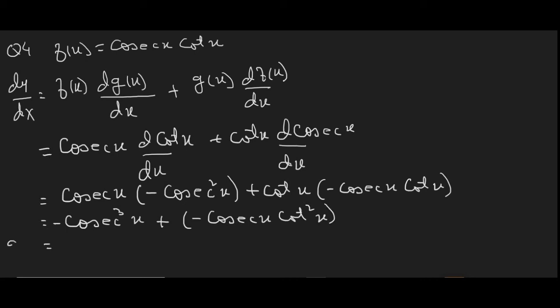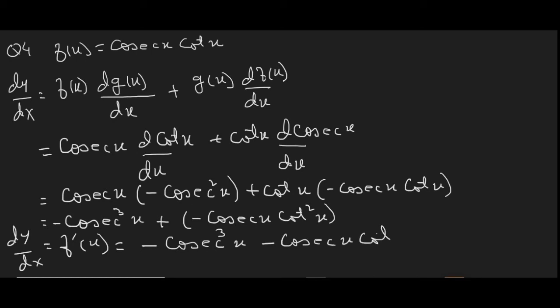So dy by dx, which we can write as f dash of x, is equal to minus cosecant cube x minus cosecant x and cotangent square x. This is your required answer.